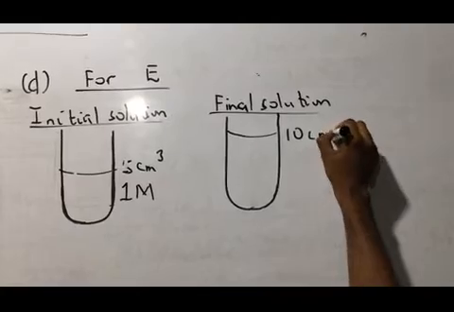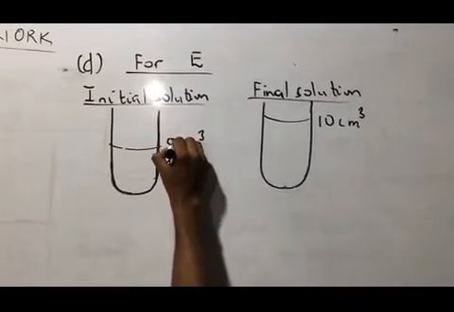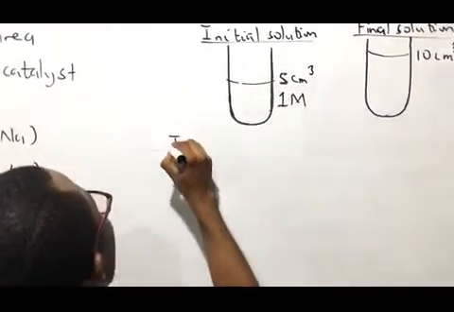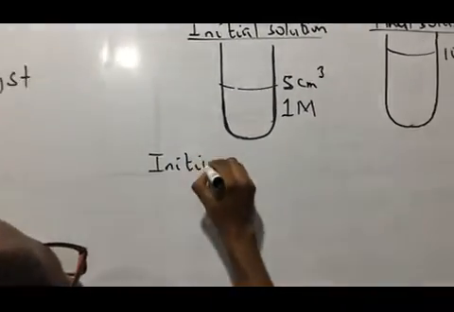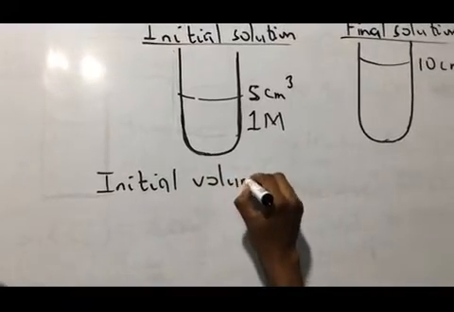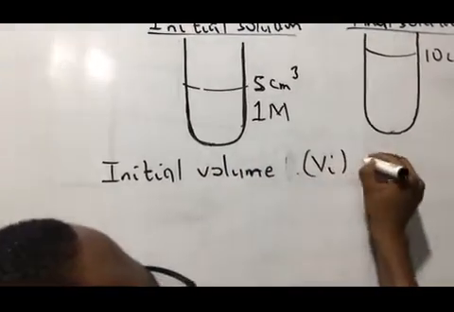So this is 10 cm cube. All right, so we have our initial volume, VI as 5.